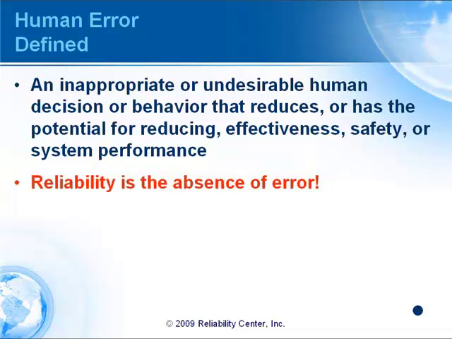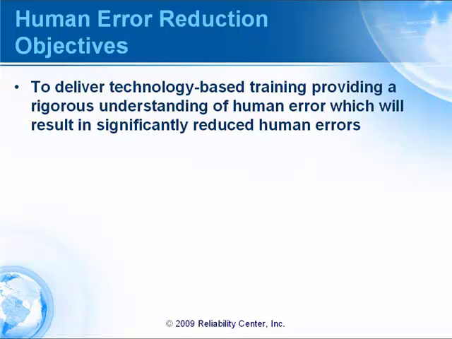How do we go about continuing to achieve substantial improvements in personnel safety performance? One method is to use human error reduction. Our objective here is to deliver technology-based training providing a rigorous understanding of human error, which will result in significantly reduced human errors. Statistical studies show that it takes 10 to 14 minor errors in series in order to have a significant event.